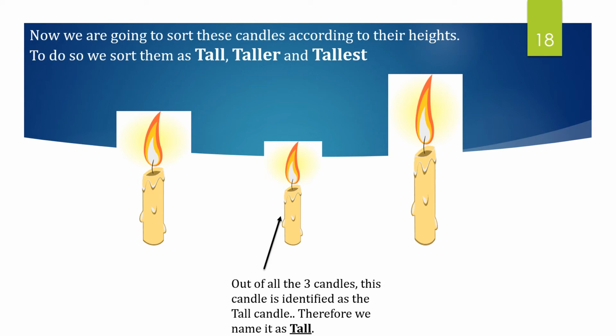Now we are going to sort these candles according to their heights. To do so, we sort them as tall, taller and tallest. Look at the first one. Out of all the three candles, this candle is identified as the tall candle. Therefore, we name it as tall.